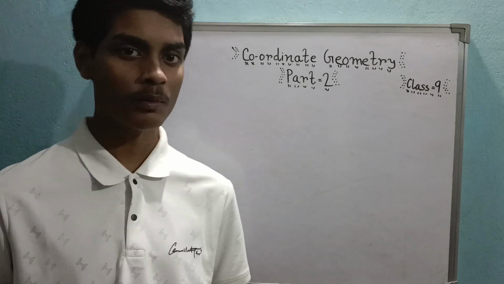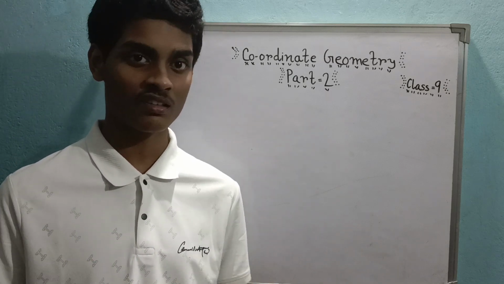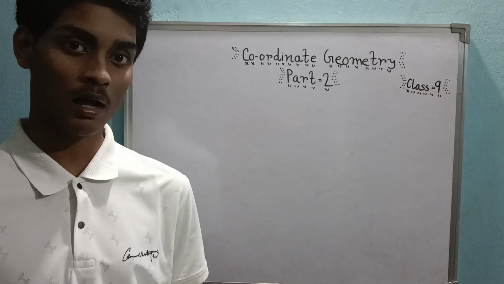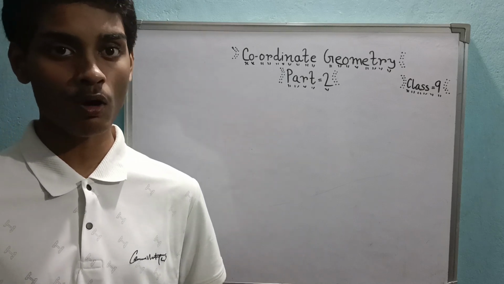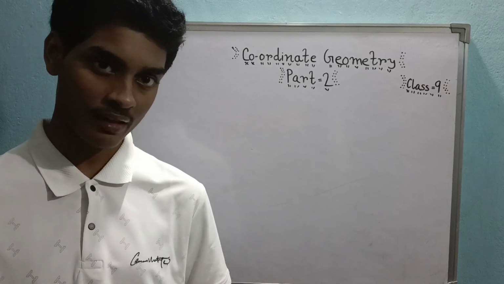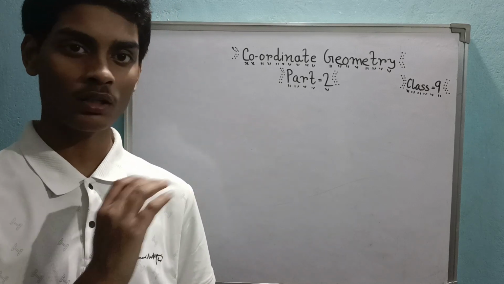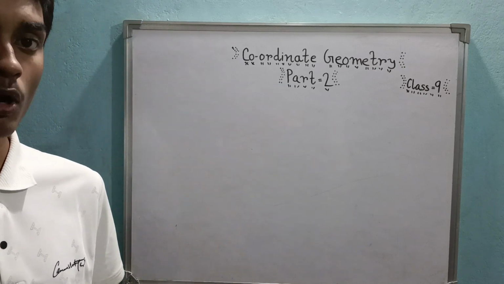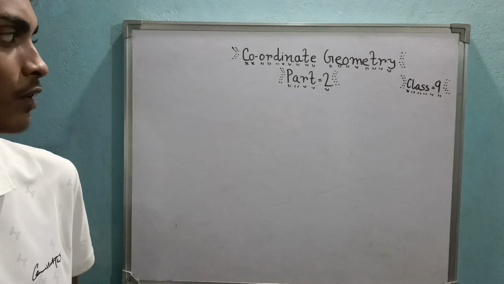In the previous video, we began coordinate geometry and its initial concepts. We learned how to plot points and coordinates on graph paper, and how a coordinate is formed, abscissa and ordinate, where the abscissa is the reading on the x-axis and the ordinate is the reading on the y-axis. We did a lot of sums in the previous video.